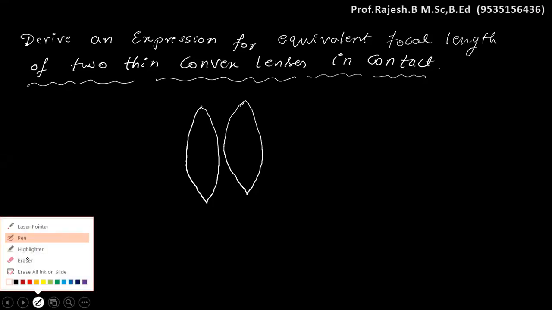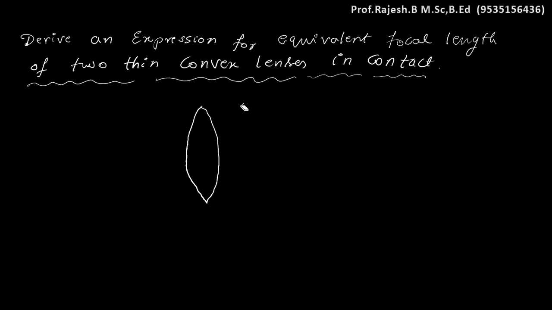Let's check it out. Two thin lenses in contact. So this is the principal axis, and here I am placing an object. So this is lens 1 and this is lens 2.